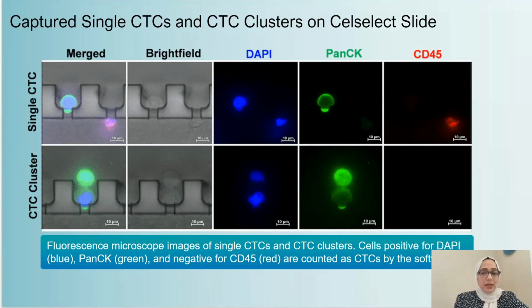As you can see here, cells positive for DAPI, which is in blue, and pancytokeratin, which is in green, and negative for CD45, which is red, are identified as CTCs by the software. So in this graph, the top panel shows a single CTC and a white blood cell in green and red, and the bottom panel has a smaller cluster of 2 CTCs that have been captured inside the chamber.